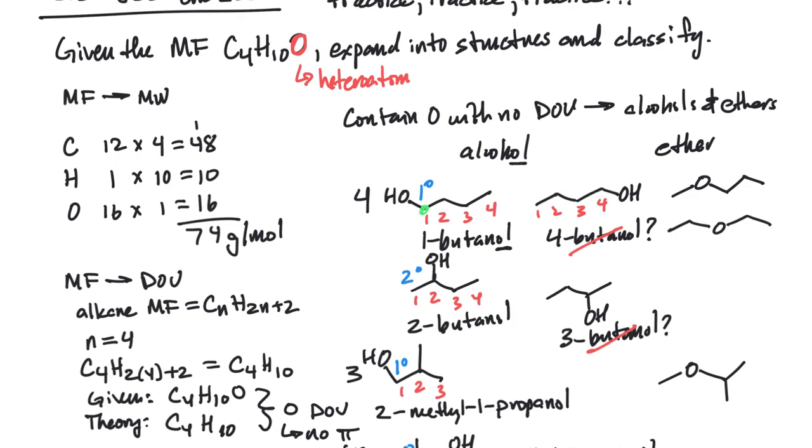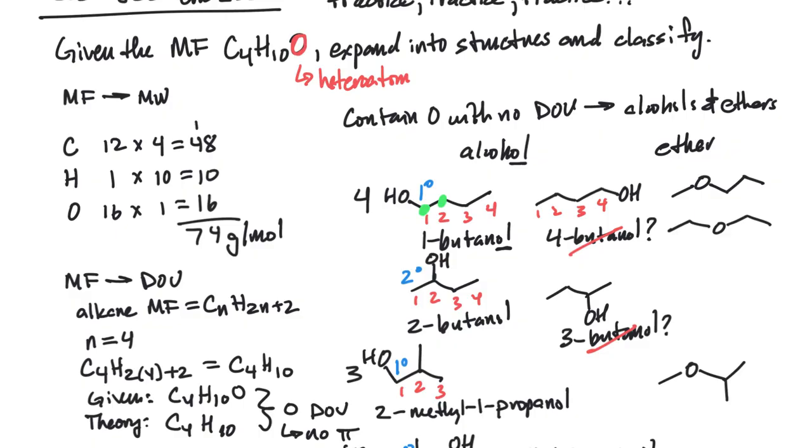We move on to carbon 2 on the backbone. That carbon has 2 hydrogens, and it's bonded to 2 carbons. So it's different from carbon 1, so that's unique. Now carbon 3, it has 2 hydrogens. It's also bonded to 2 carbons. So that's a similar bonding pattern to carbon 2, but it's not the same because its relationship to carbon 1 is different than the relationship of carbon 2 to carbon 1.